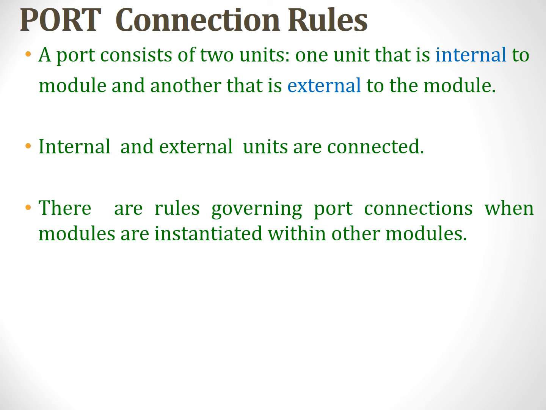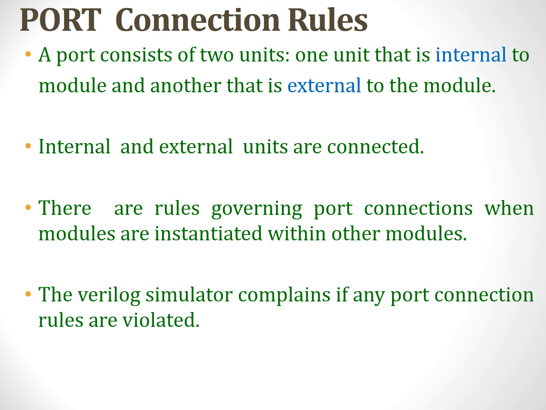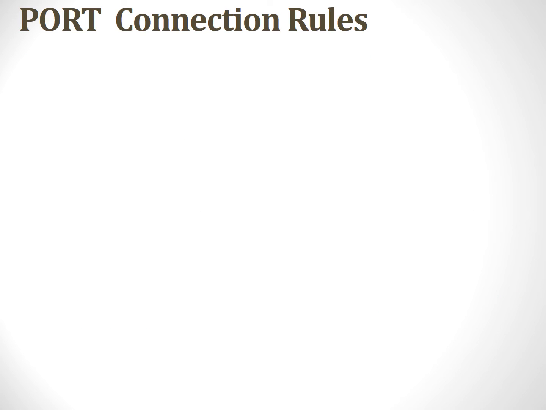That is, when we are calling one module inside another module, it is important to follow some set of rules. If we violate any of these rules, then the Verilog simulator gives us an error. So let us now understand the port connection rules.